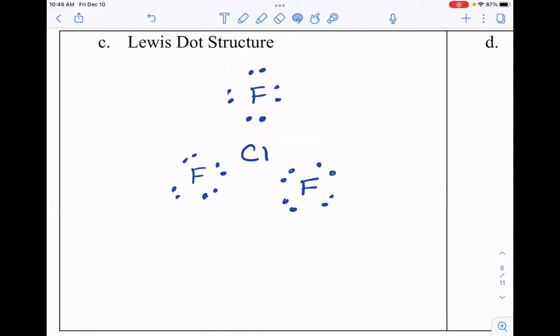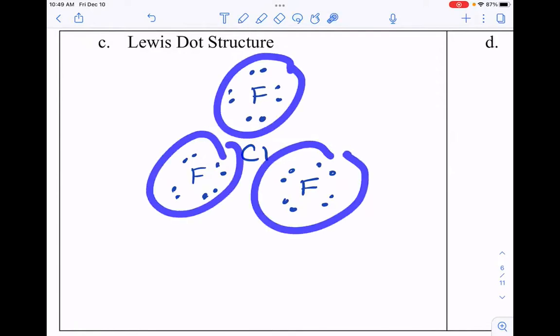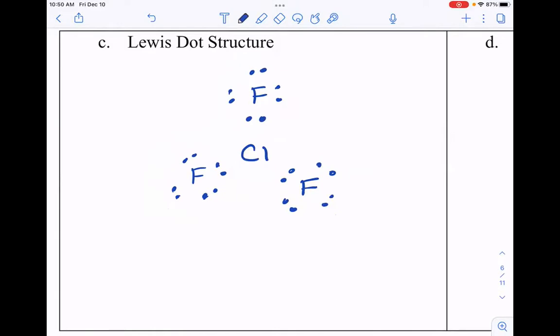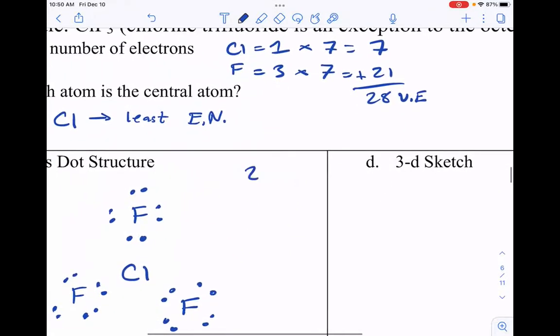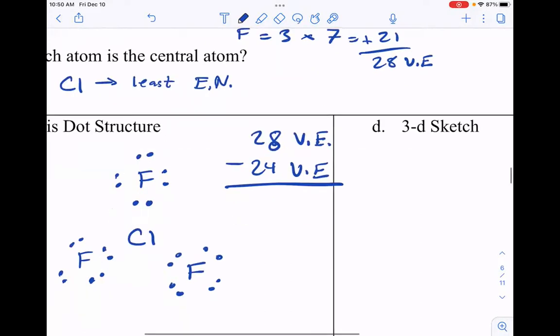So I am using a total of 24, right? So 8 times 3 is 24. Let's see here. So 28 valence electrons minus 24 valence electrons gives me 4 valence electrons remaining.